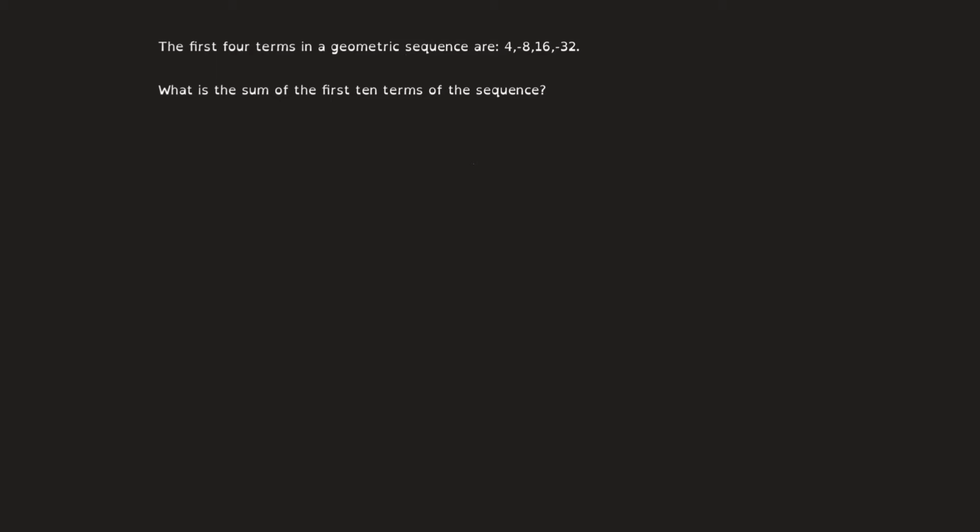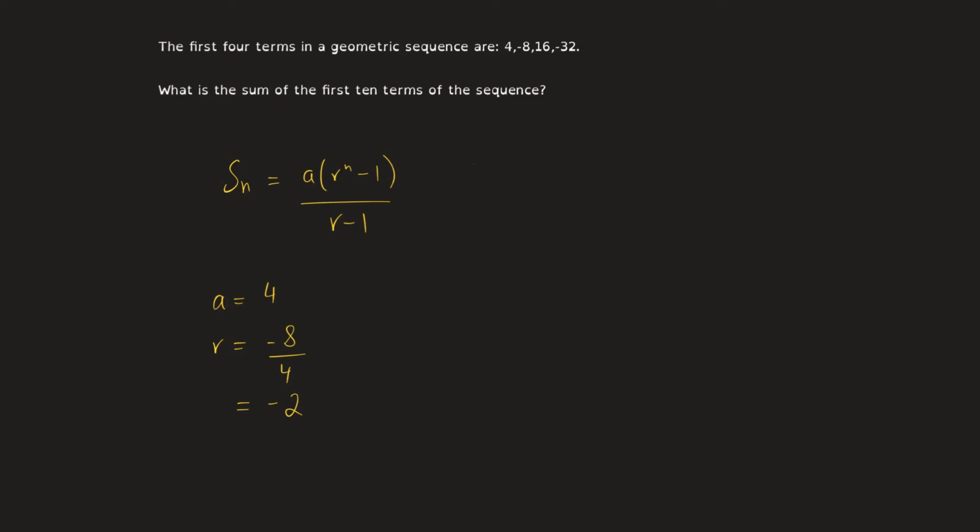Okay, so writing down our formula that we were dealing with before, identifying what our first term is, so a equals 4, and r, the ratio, so negative 8 over 4, our ratio is going to be negative 2.